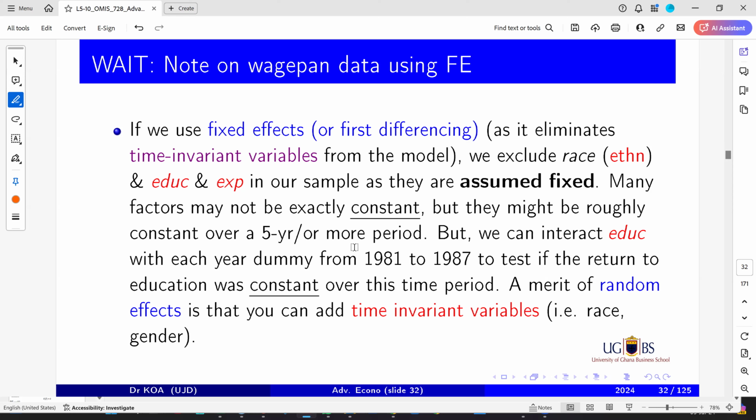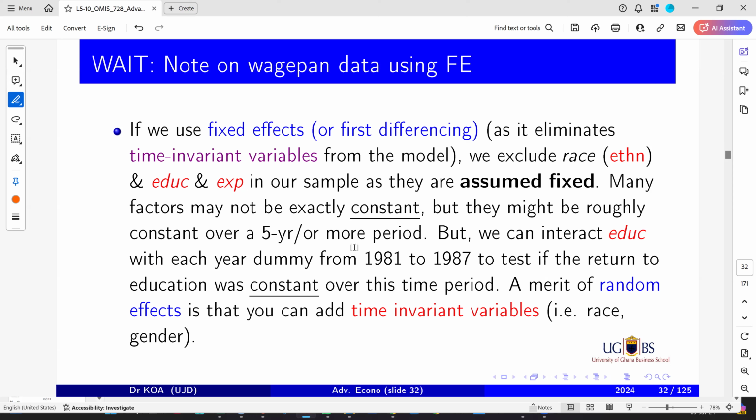The reason is because they are assumed to be fixed because they will roughly increase by, for example, they will not go to school within a period of time until after 5 years. So within that 5-year period, we consider them to be fixed. But even though we consider education to be fixed, they can now be interacted with the time dummies to see if wages is constant over time or is not constant over time.